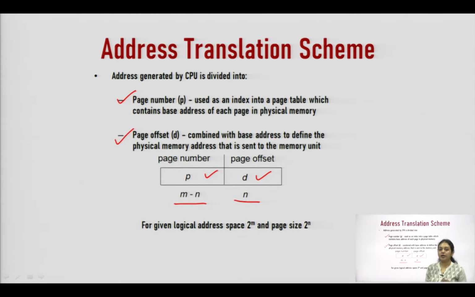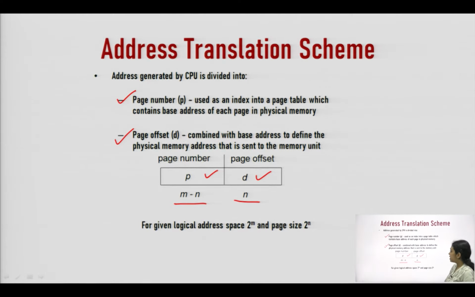Let us say we have page number 2, stored in physical memory in one particular frame, and that frame will be starting at a particular location in the physical memory, right. So, this page number P is used as an index into the page table, where we will find where in physical memory this page is actually located. That means the starting location of each page is given through the page table.